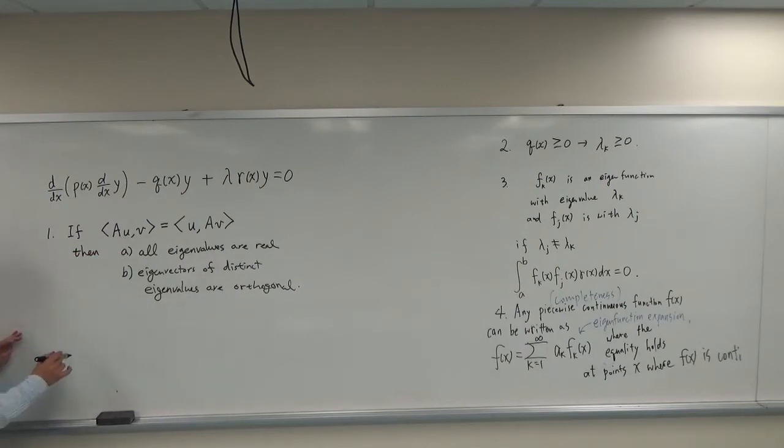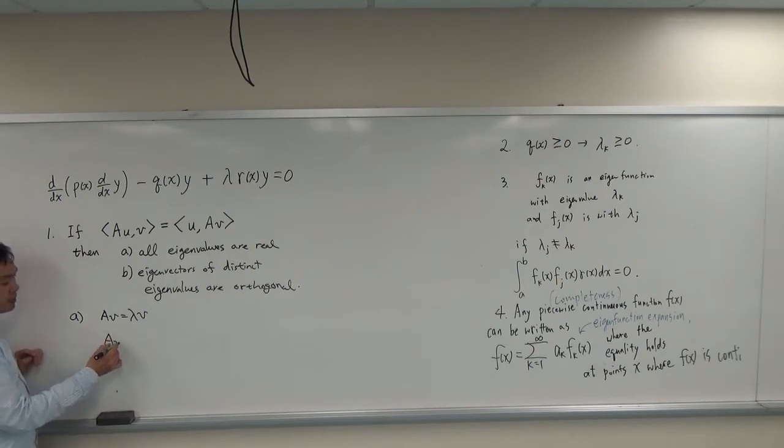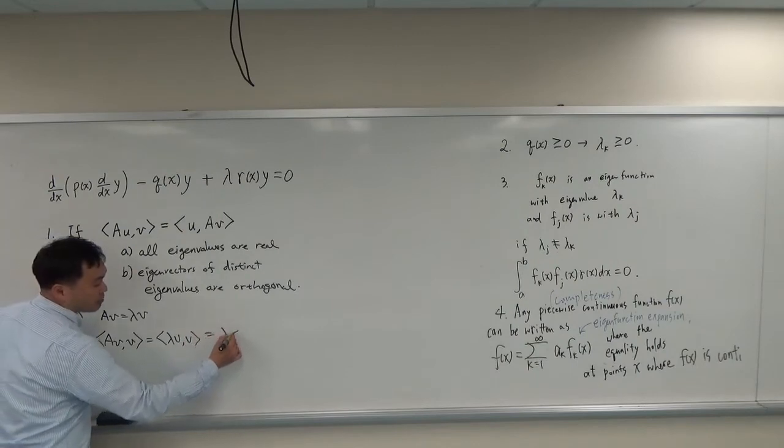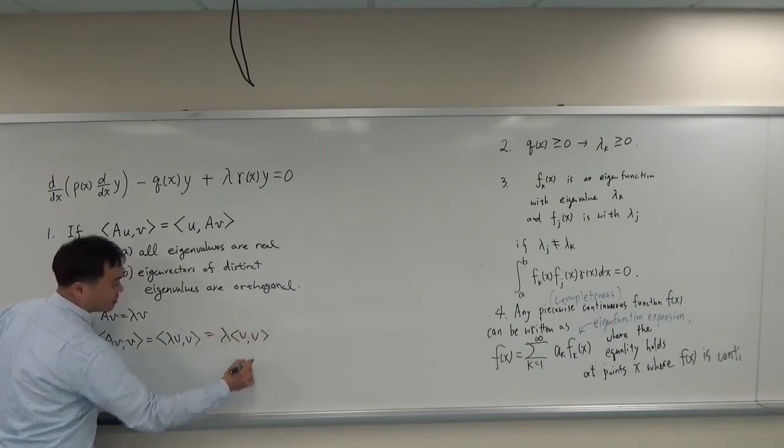Okay. All right. So first, proof of A would be, let's say you have A v equals lambda v. Then (A v, v) is equal to (lambda v, v), which is lambda times (v, v).